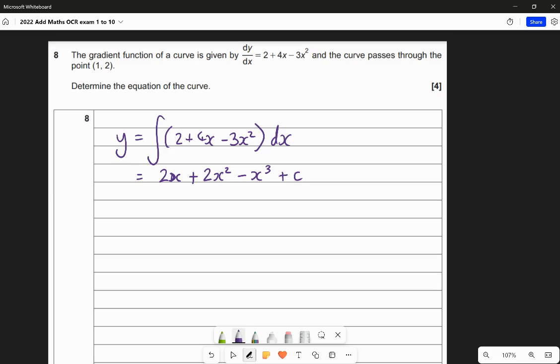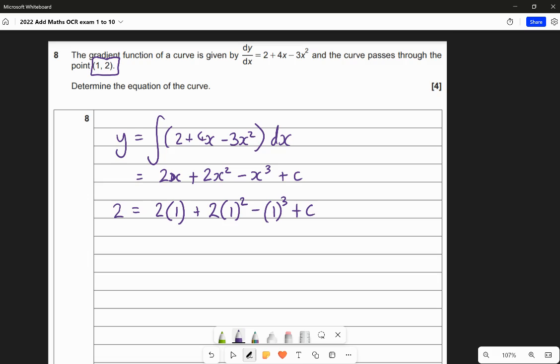And then we are given this coordinate (1, 2) that it goes through, therefore we can find c. So we can substitute instead of x, 1, and instead of y, 2. So 2 is equal to 2 lots of 1 plus 2 lots of 1 squared minus 1 cubed plus c.